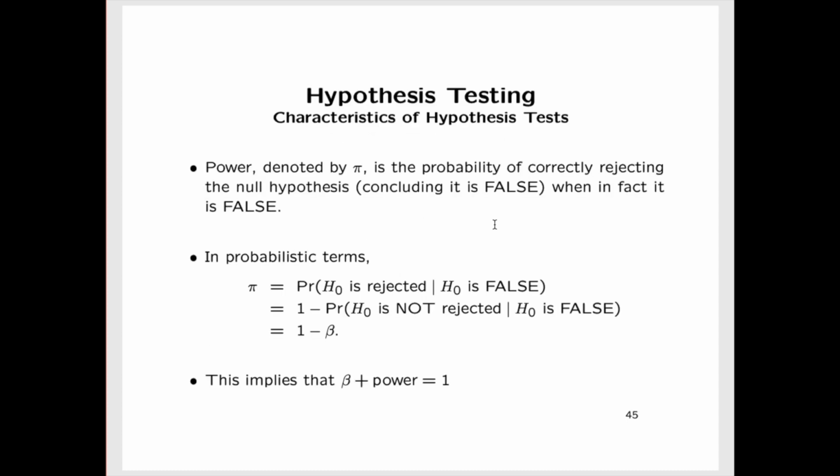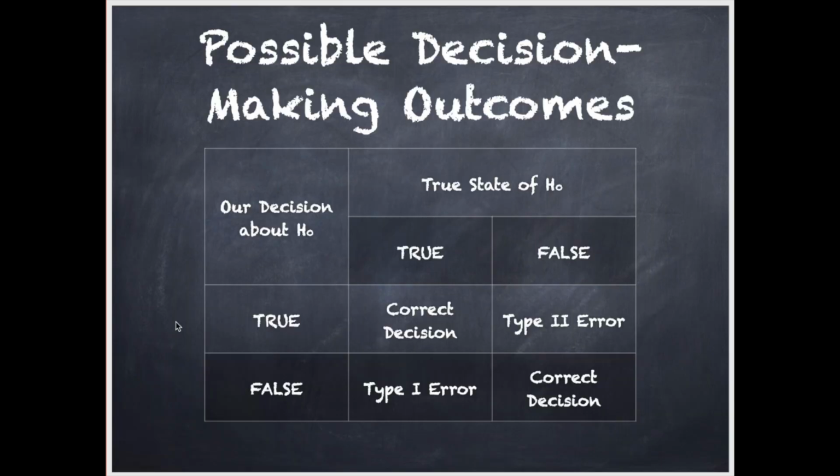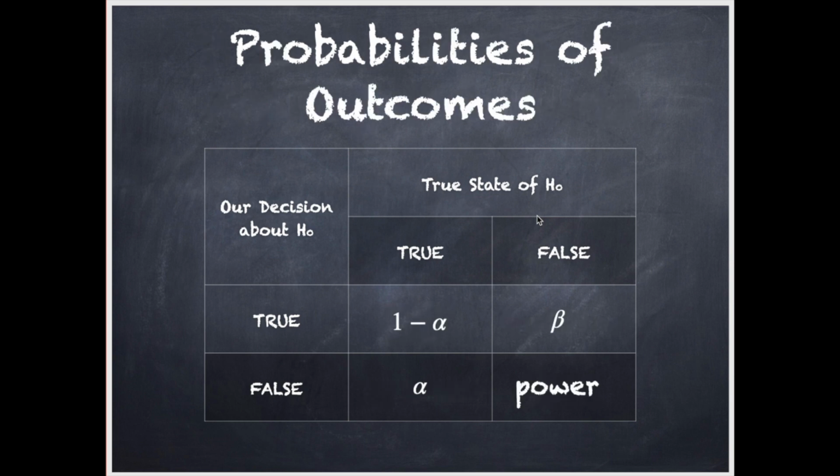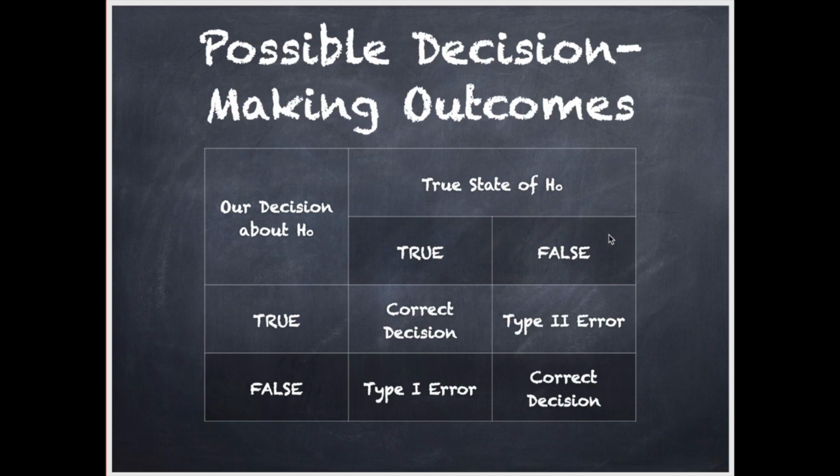And so if I go back to this two-way table, let's look at the next part of this. We were characterizing the decisions, whether they were correct or whether they were errors, in this first slide. Now we're assigning notation to the probabilities of these events.